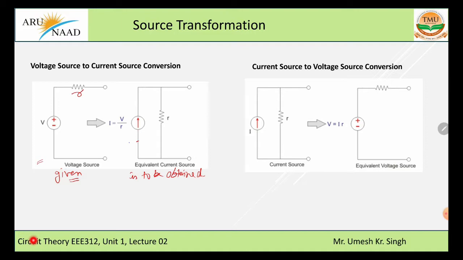When we want to convert this voltage source into a current source, we have to find the value of I and also the value of R. But if we have I and R, that is a current source to be converted to a voltage source, we have to find the value of V and also the value of R. Now we will look at how to find I and R in the case of voltage to current source conversion, and V and R for current to voltage source conversion.